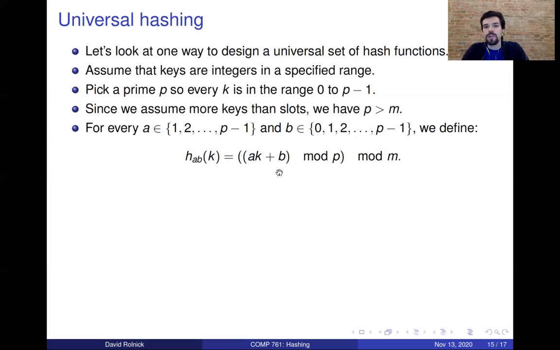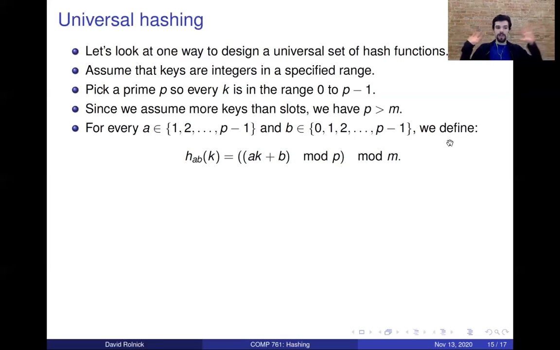We first take the residue modulo p, and then the residue modulo m, and m is smaller than p, so that makes sense. For example, we might first take the residue modulo 17, and then the residue modulo 3. That gives us something between 0 and m minus 1.